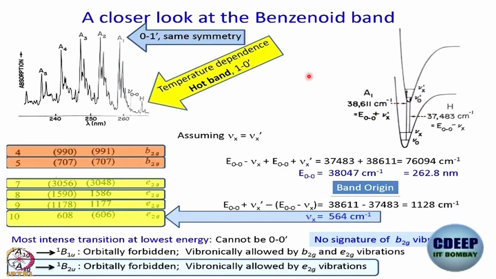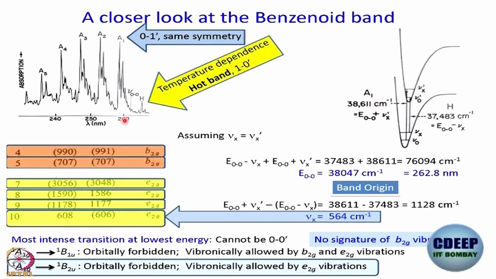Now from the spectra you have the wavelength, so you have the energy also. That energy for A1, your 0 to 1 dash transition, is your 0 to 0 plus the vibrational energy in the excited state v dash, which equals 38,611 centimeter inverse.